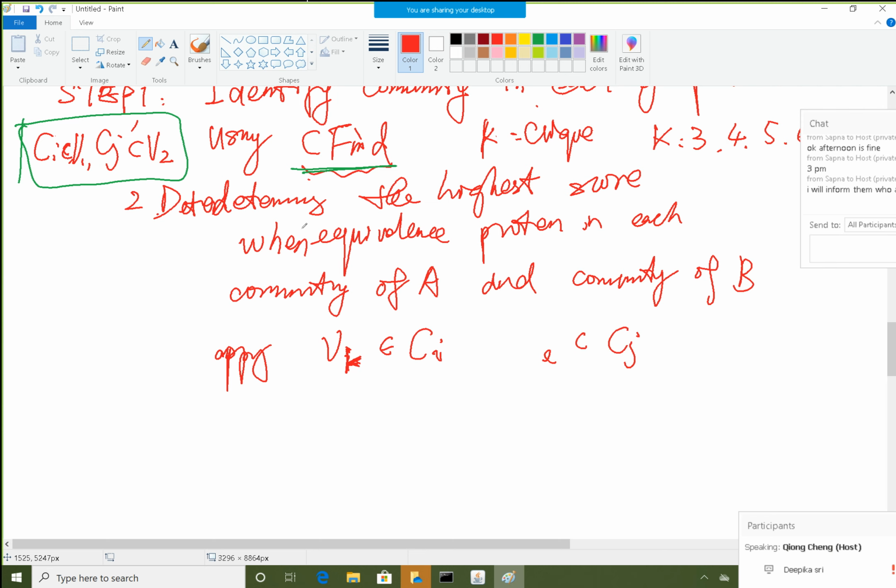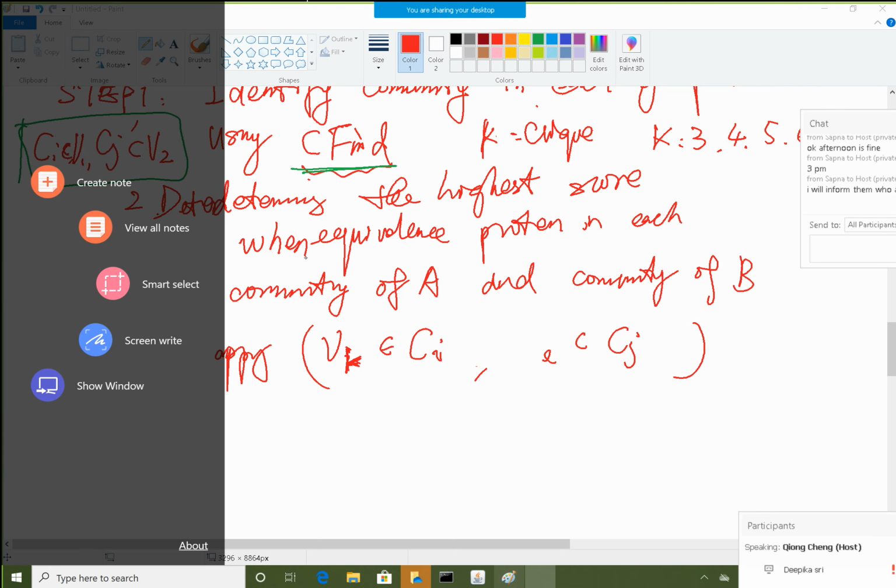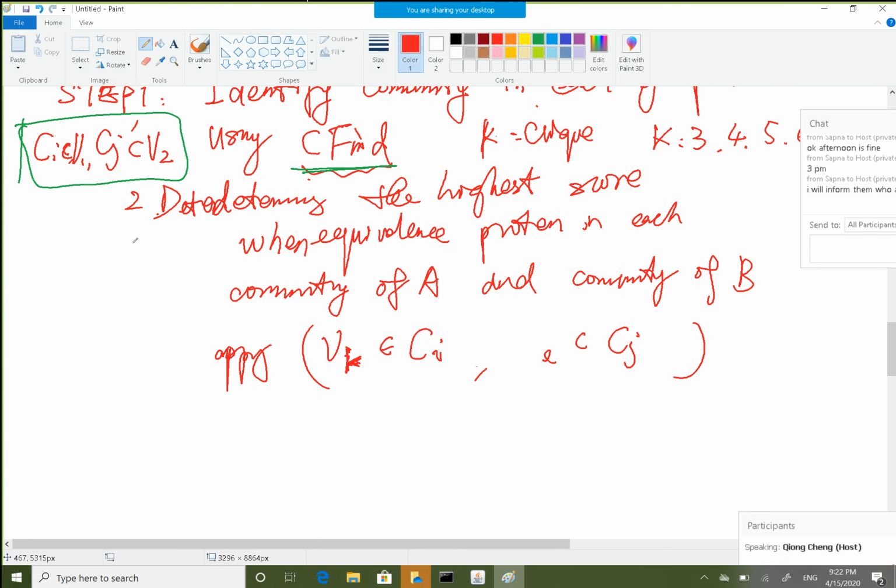And they map the vertex of this one to this one, right? They want to find the best mapping of each vertex in community I of A and community J in the V2. This is VL. Okay, and so this is the mapping, and this is for this step.